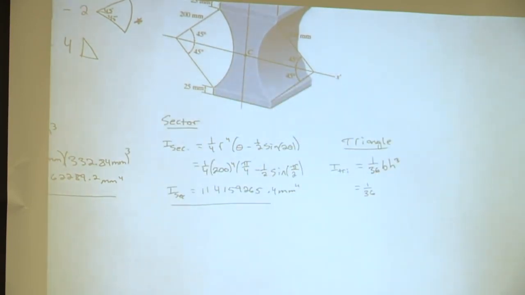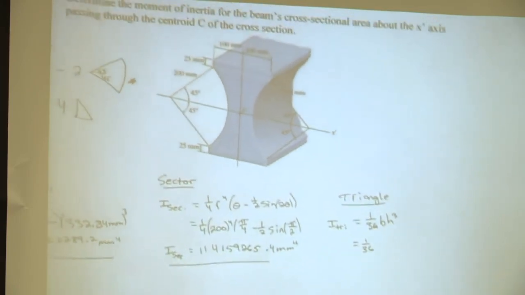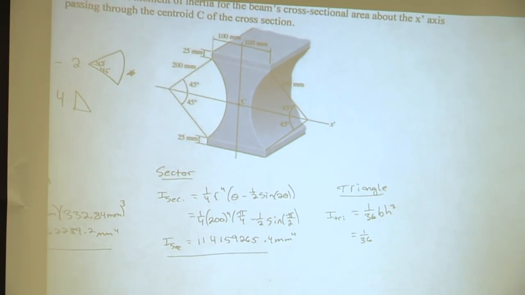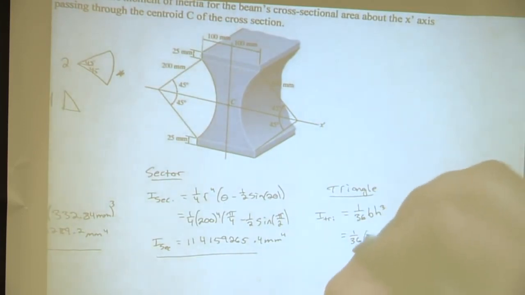Okay, now what is the base? You have to find that, so it's going to be 200 cosine 45. What is that? Don't forget to switch your calculator back from radians to degrees. 141.42, and then the height.